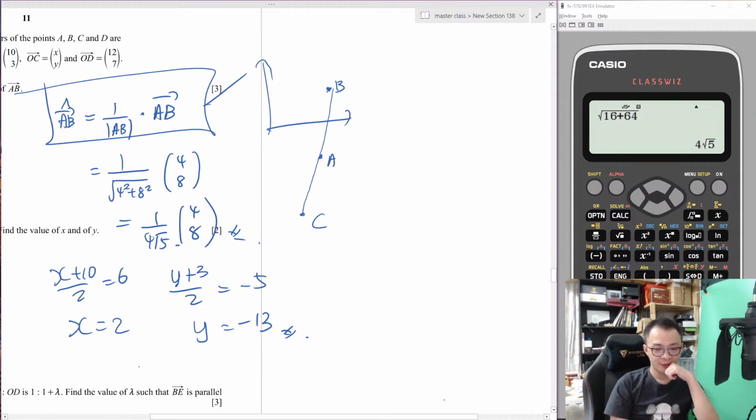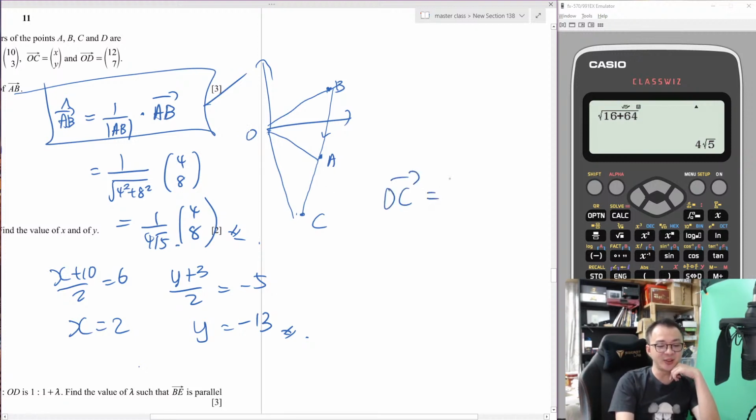This is OA, OB, OC, and I want to find the OC. Oh, okay, then I can say, I got it. OC is basically equal to OA plus AC, isn't it?